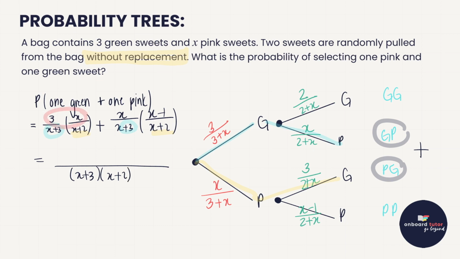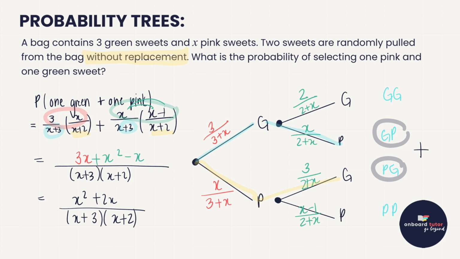So 3 times x is going to give us 3x, and on the other side here we've got x times x minus 1, so that's going to give us plus x squared, x times x, and then x times minus 1, minus x. So now we end up with x squared, and then 3x minus x is plus 2x over this denominator, and I'm almost certain that any teacher would be happy for you to leave it in that form, but if you wanted to, you could even multiply that out.